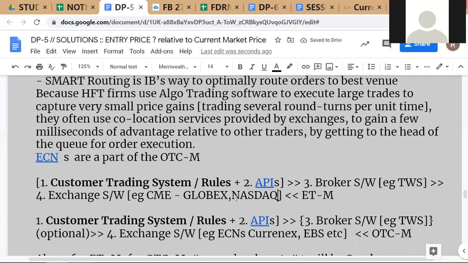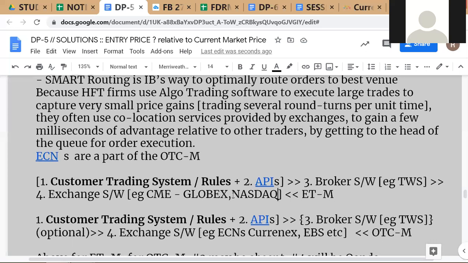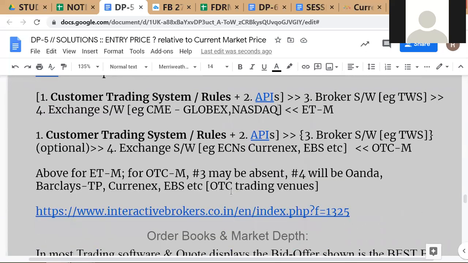The system with the broker IB transmits the order into the NASDAQ server, where it interacts with other orders, and that's how trade execution happens. But everything is happening at very high speed, and that's why you have terms like high frequency trading, because of the growth of technology.